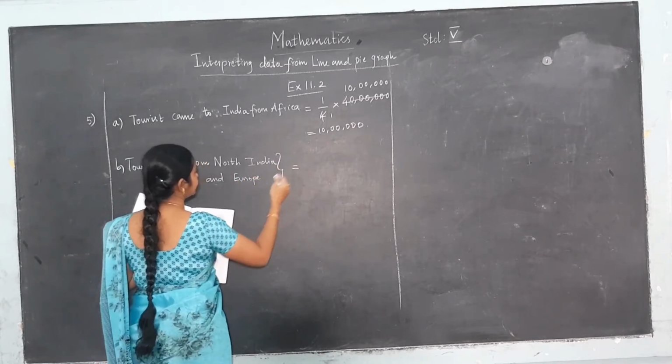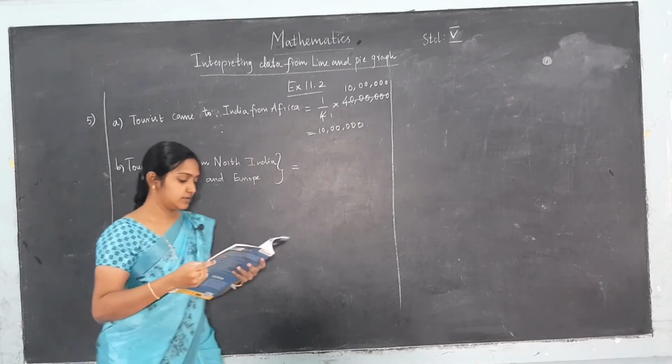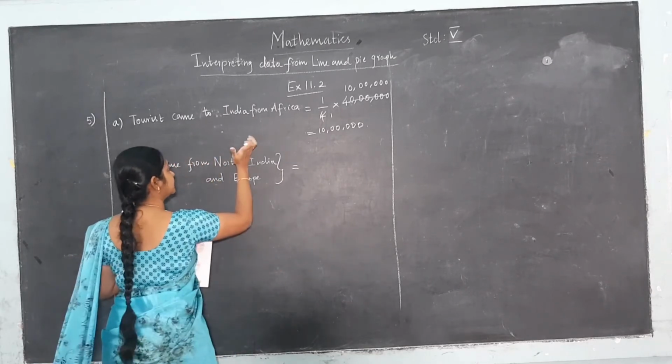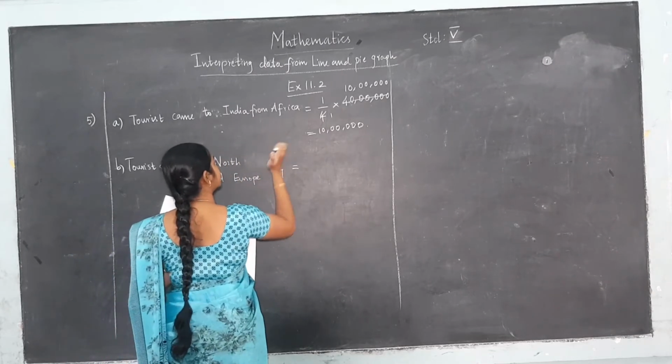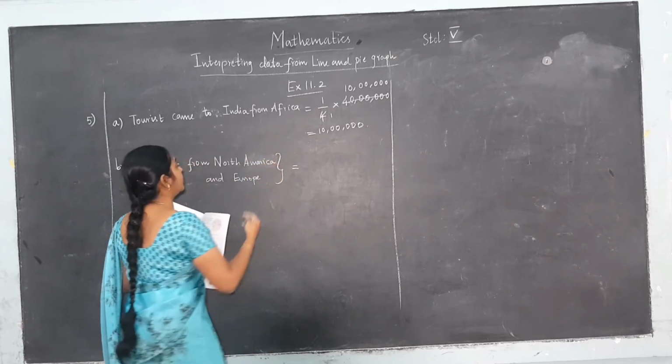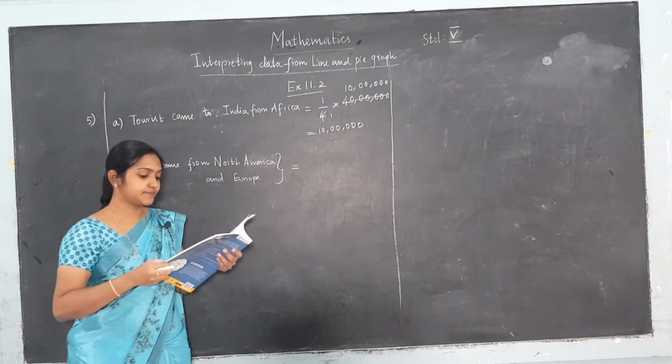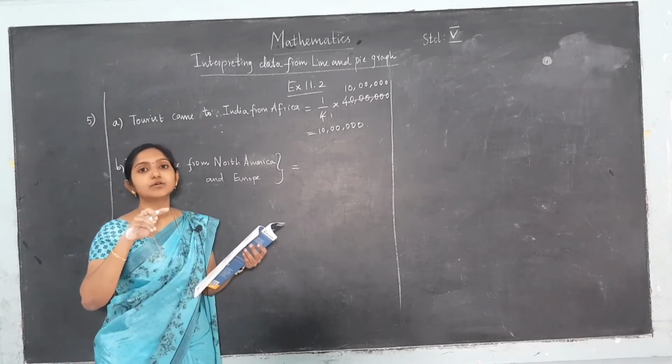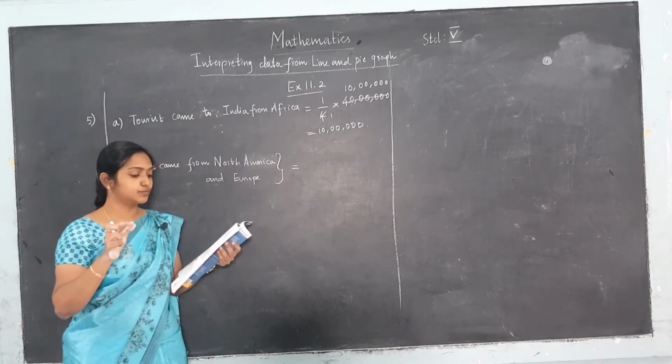Tourists came from North America and Europe, it is more than 1/2.